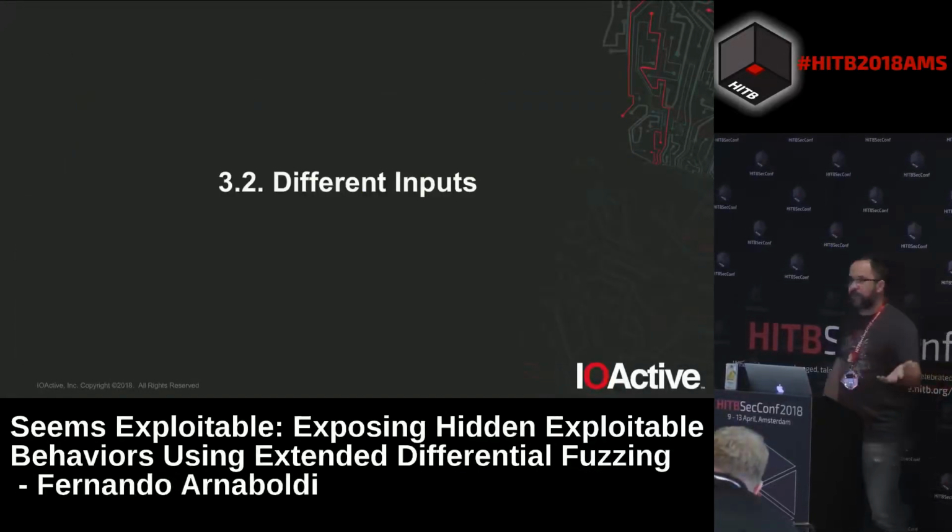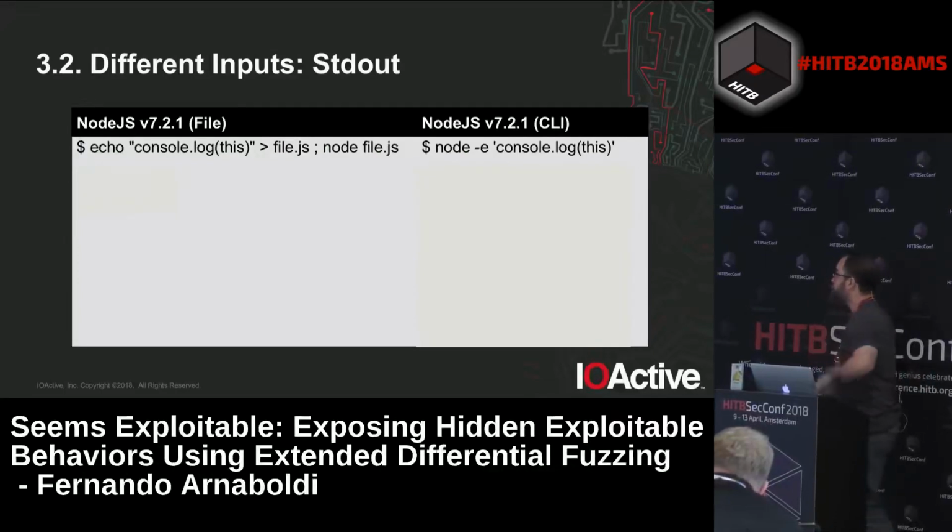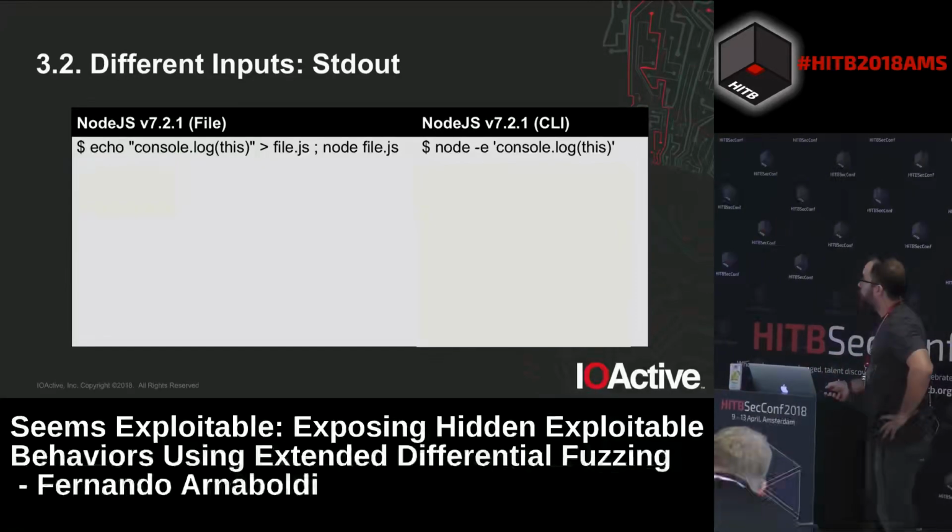We talked about different implementations. Now let's talk about the same piece of software, but changing the input. This is weird, but Node helps us with this. The first line shows that we are writing the command console.log with something between parentheses into file.js, and we're executing that file. The input in here is going to be a file.